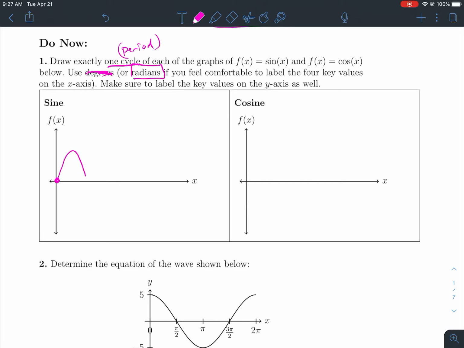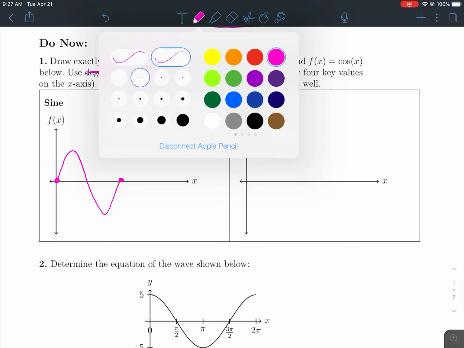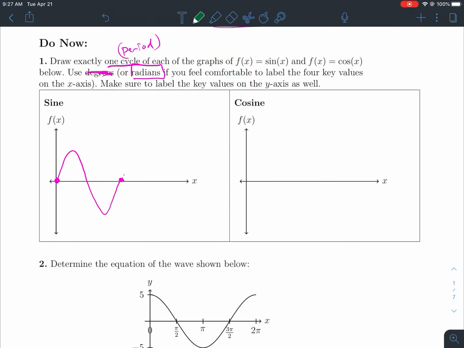So we'll graph one period. It goes up, it comes down, and it goes home. We say this is one cycle because after this, it just completes the same pattern again: up, down, back home. There's no real reason to keep drawing this forever. That first pink cycle captures all of the behavior for the rest of the graph.